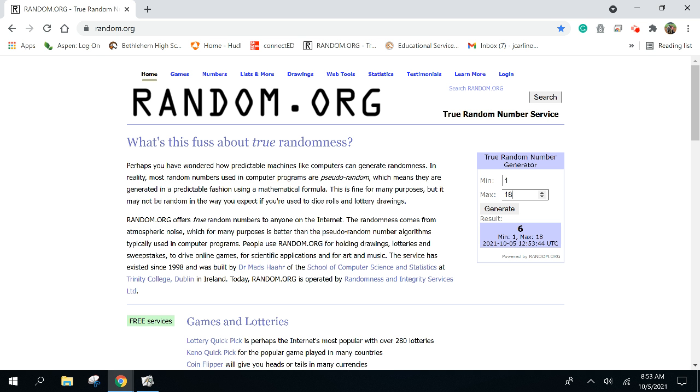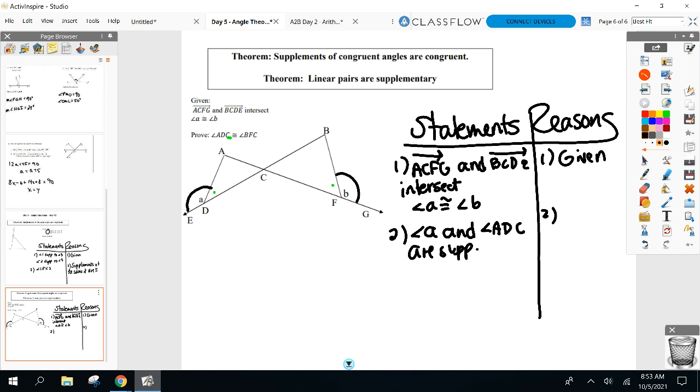Angle B and angle BFC are supplementary. Yep. Does everyone agree that they're supplementary? We agree on that fact?